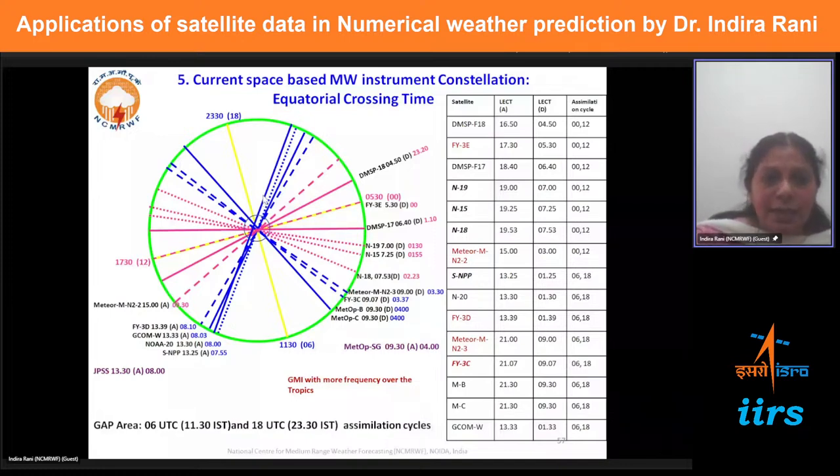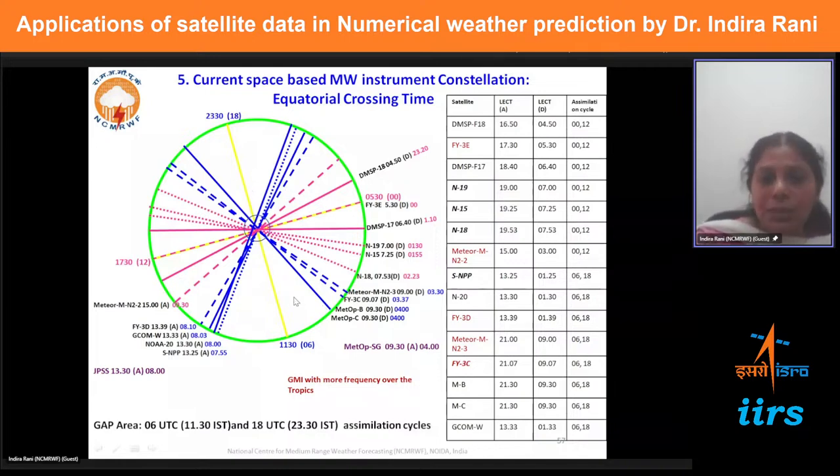Here in this figure, the lines show the equator crossing times. 0 UTC corresponds to 5:30 local time, and 6 UTC to 11:30, and so on. If you see, we have a gap at 6 UTC and 18 UTC, while at 0 UTC and 12 UTC we have a lot of data. The data gap comes in the 6 and 18 UTC assimilation cycles.